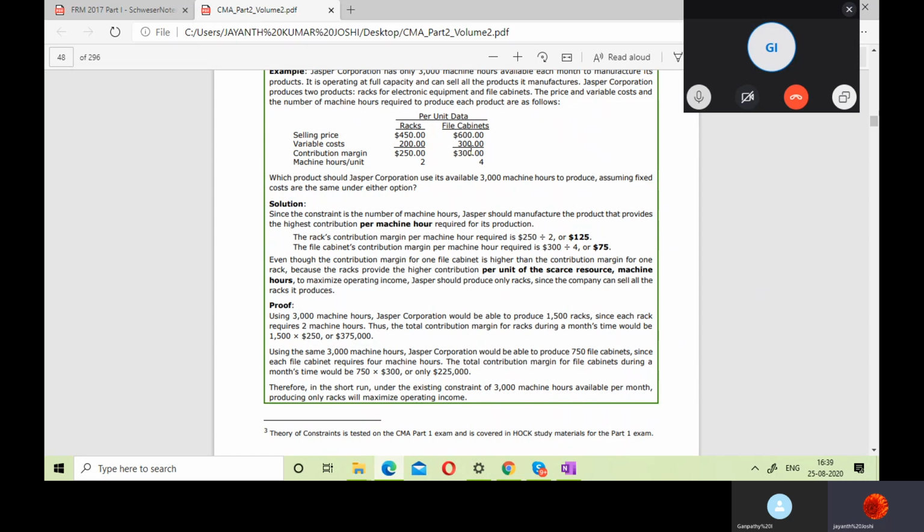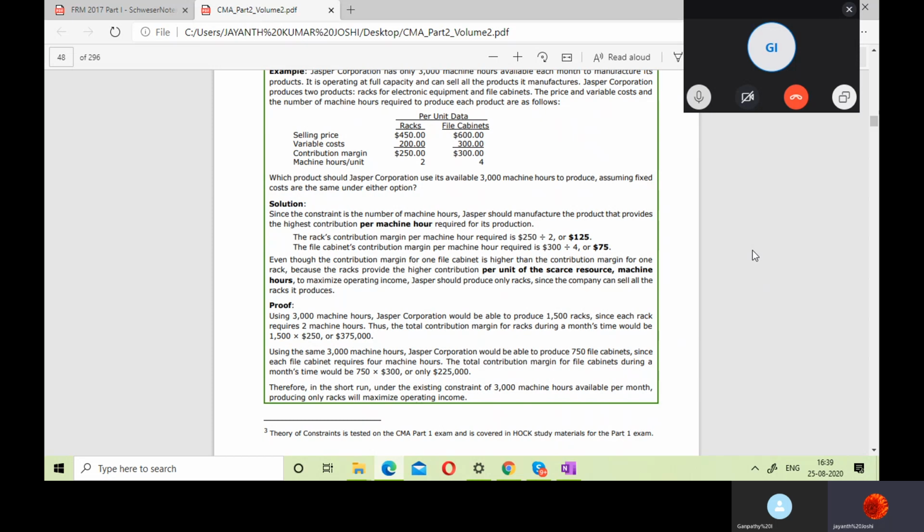See what happens here: contribution is less and machine hours are less here. Here the contribution is higher, machine hours are also higher, and when I divide, what I'm seeing is that here the contribution is high, here the contribution is less. So even though the contribution margin for one file cabinet is higher than for one rack, right, here your contribution margin is 300, here it is 250. File cabinets' contribution margin is more than the racks' contribution margin.